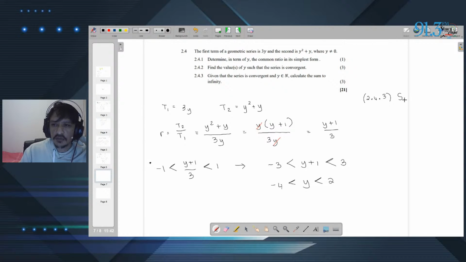Okay, we need to use this information. So we've got the sum to infinity is equal to a over 1 minus r. Right? We know that a is equal to 3y over 1 minus, and our ratio is y plus 1 over 3.